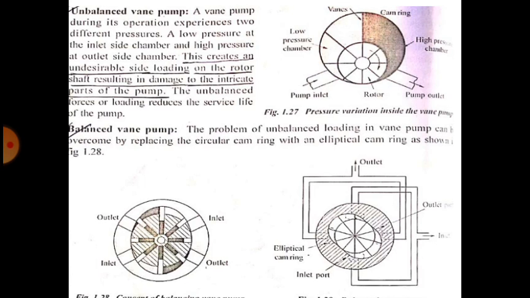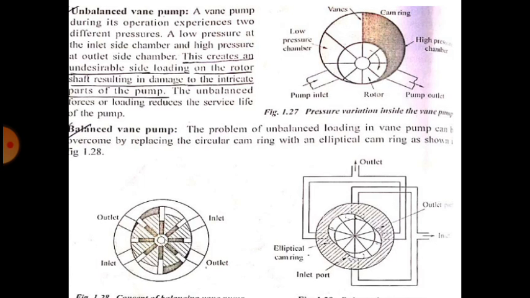At the two inlets, the volume goes on increasing. Where the volume goes on decreasing, at those points there are the outlets.